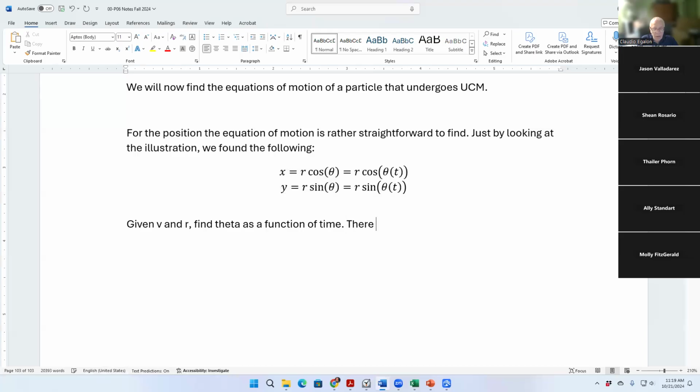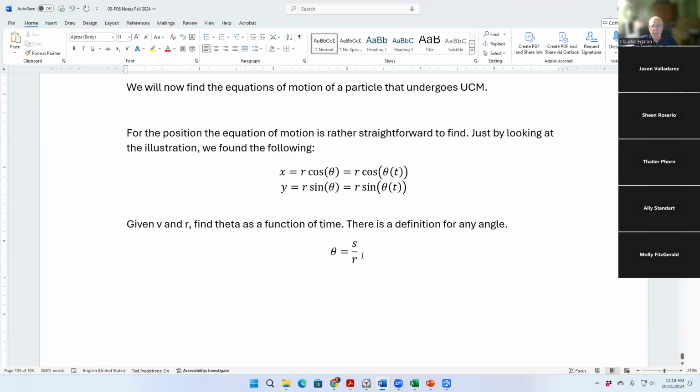Okay, there is a definition for angle, by the way. There's a definition for any angle, something that we should have learned some time ago. It's going to be the length of the arc divided by the radius of the circle. That's the definition of an angle.